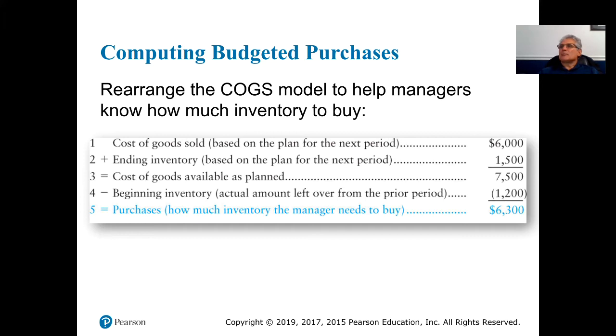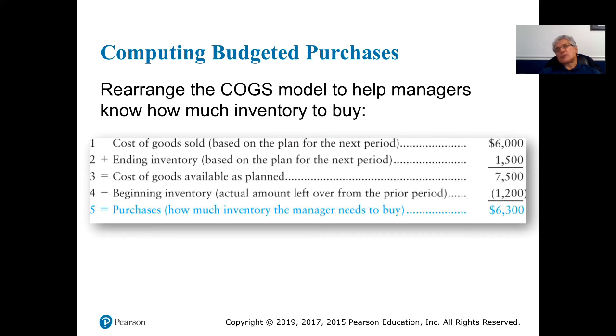Now this is a model that would be used if you're trying to budget for purchases. You can compute what your cost of goods sold is, and you do that based upon sales and what you think your cost is going to be. You can put what you want your ending inventory to be. You could put what the goods available for sale is planned. That can be computed.